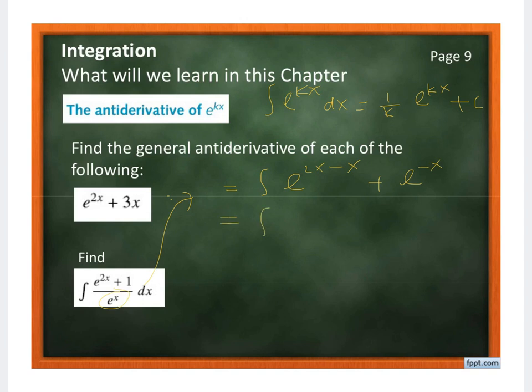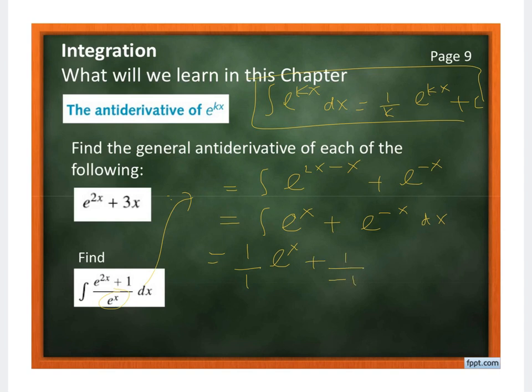So the antiderivative of e to the x minus plus e to the minus x dx. This is the formula: 1 over k, 1 over 1 e to the x, plus 1 over negative 1 e to the minus x plus c. So equals e to the x minus e to the minus x plus c. This is the answer.